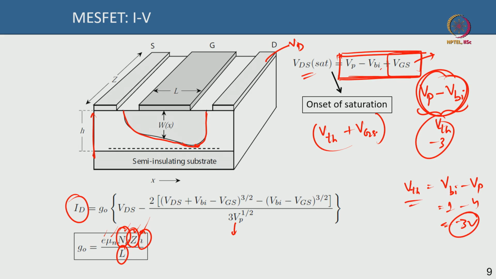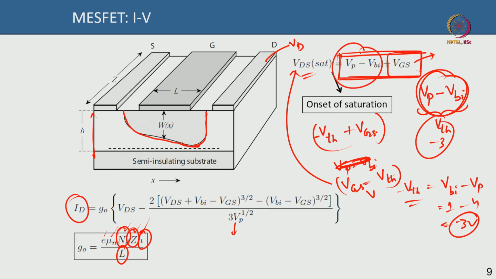Here you have Vp minus Vbi, which is actually the negative of threshold. Essentially you have VGS minus VTH, which gives you the drain voltage at which the current saturation will happen. In this particular case, this quantity will be plus 3 volt, since minus of minus 3 volt is plus 3 volt.